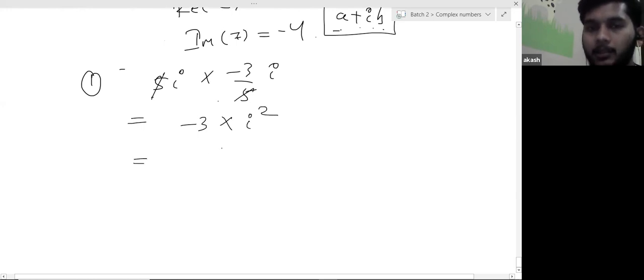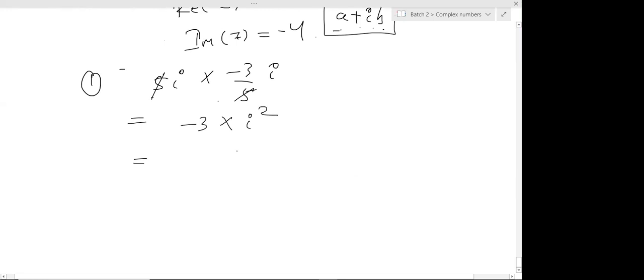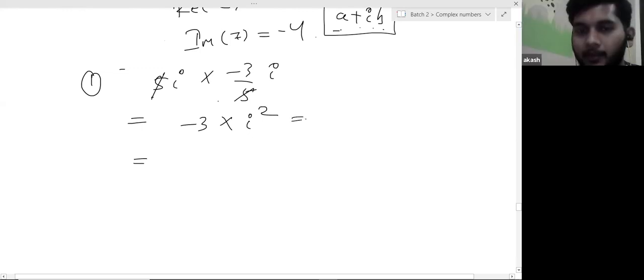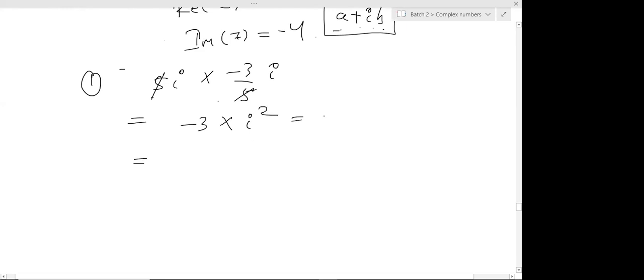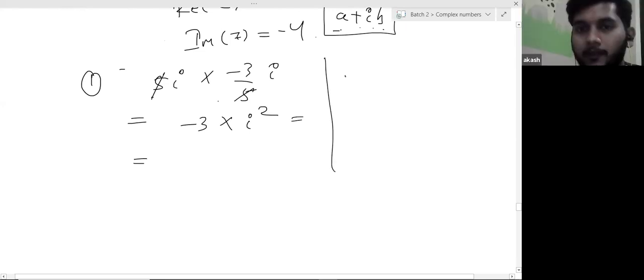And we just learned the value of I square is, Akarsh? It's minus 1. Write it down. Very important.